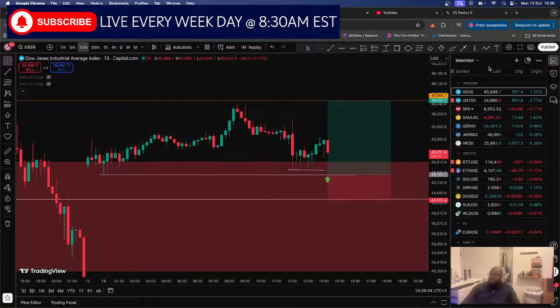Alright, I'm about to execute, waiting on this to come into our area and sweep liquidity. Hopefully we get this done before the market opens, so on the open it just rallies higher.